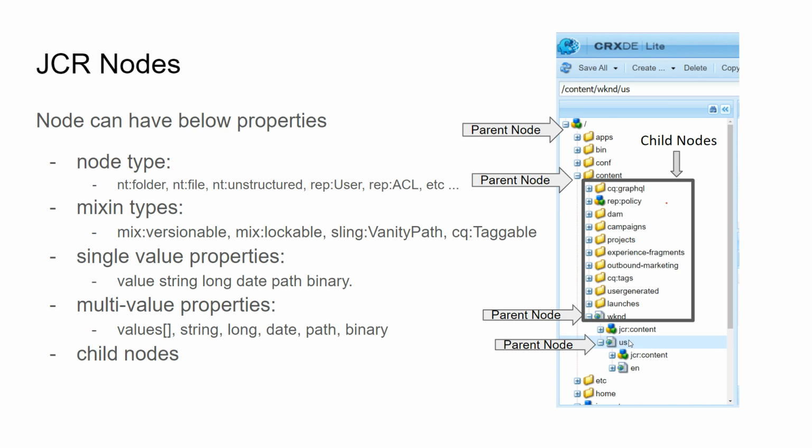Here JCR content is a page content node, and US and EN are page nodes. So every node will have its type, and its value can be only single. A node can be either an empty folder or an empty file. It cannot be both. The node type value can be only single.